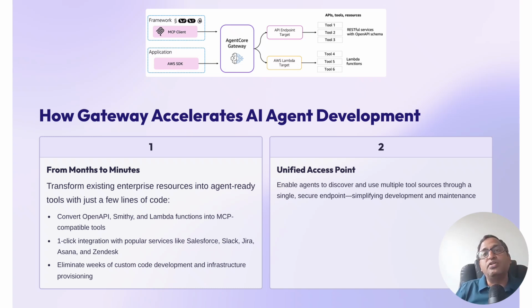You can quickly convert that into an MCP tool, which will be used by pretty much every agent within your enterprise, right? So this simplifies the development, reduces the maintenance, and helps teams move faster from prototype to production, without compromising on the authentication, authorization, the control, and most importantly the scaling aspects.